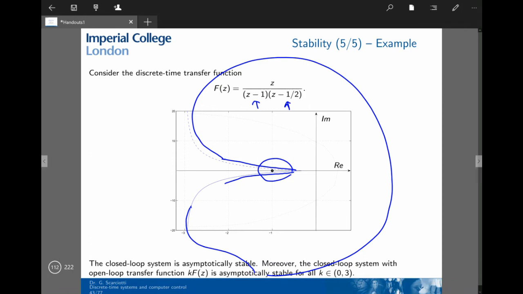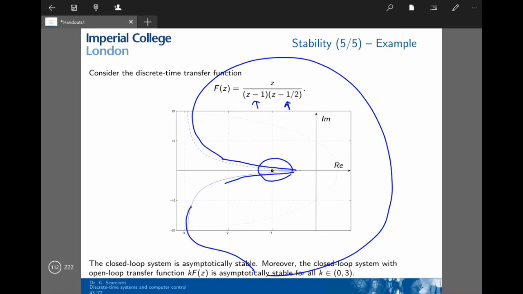Okay. So this concludes the lecture on stability, and this method to assess stability using the Nyquist criterion is an alternative with respect to Routh. However, you can imagine that the Routh criterion is much easier to apply than the Nyquist criterion. But it's important that you know that there are both the Routh criterion and the Nyquist criterion.